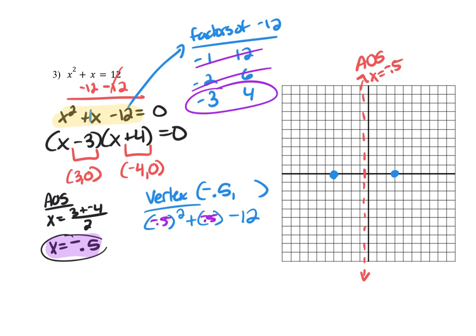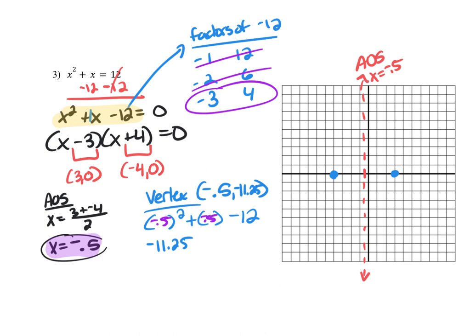And again, you can do this in your head, or you can use a calculator. Remember, parentheses matter, powers of 2 matter, so make sure we're typing it in correctly. So I got -12.25 for this. So that is going to be my vertex.